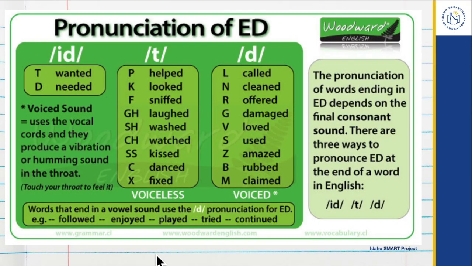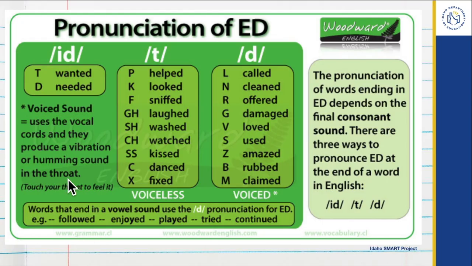Okay, so we mentioned a little bit about this TD, ED thing. So I wanted to spend a little bit of time on that to talk about why there's so many problems with the suffix ED. Well, it's because ED can be pronounced in 3 different ways: id or ed, t, and d.